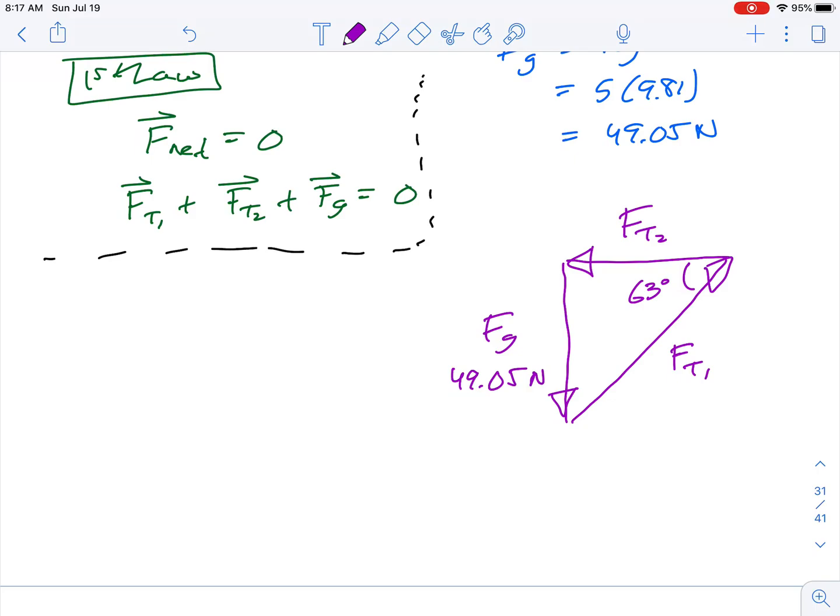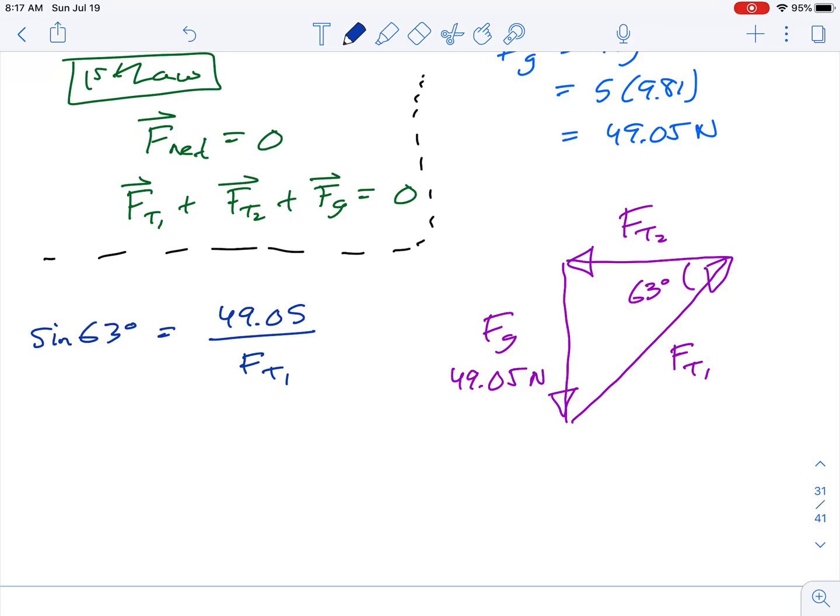If we're going to solve for, let's say, Ft1, then we have opposite and we have hypotenuse. So we know that the sine of 63 degrees will be opposite, which will be 49.05, divided by hypotenuse, which is Ft1.